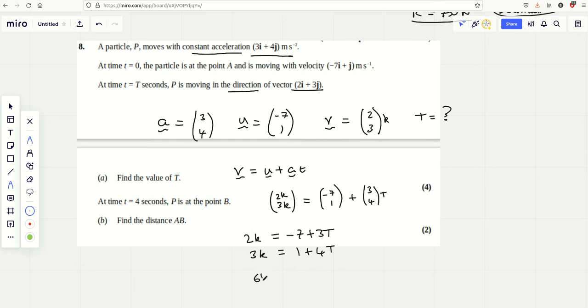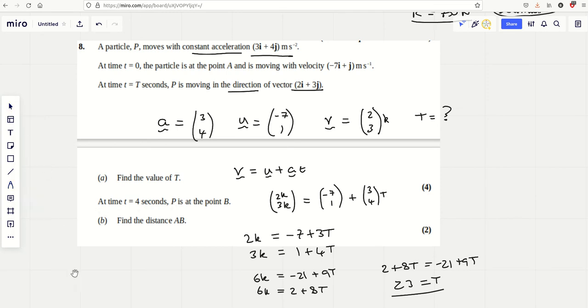Doesn't really matter. 6k is minus 21 plus 9t. 6k is 2 plus 8t. And then what I could do is just equate the two. So 2 plus 8t is minus 21 plus 9t. And so I'm going to get 23 equals t. And that is the answer. T is 23.